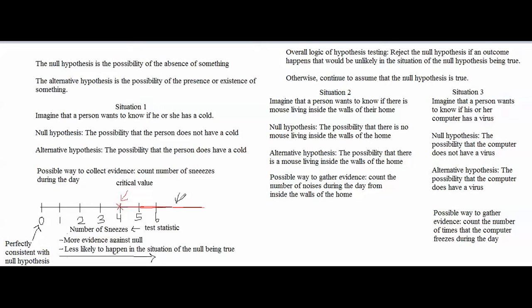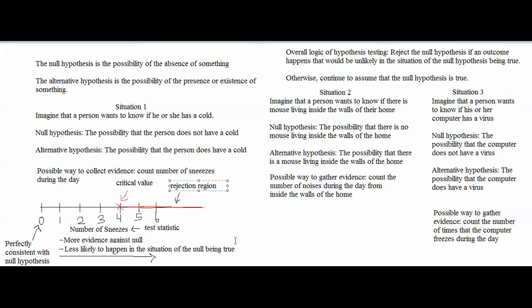The rejection region is just the collection of outcomes that lead to the rejection of the null hypothesis. So all values that are at the critical value or higher are in the rejection region, because all values at the critical value and above lead you to reject the null hypothesis.